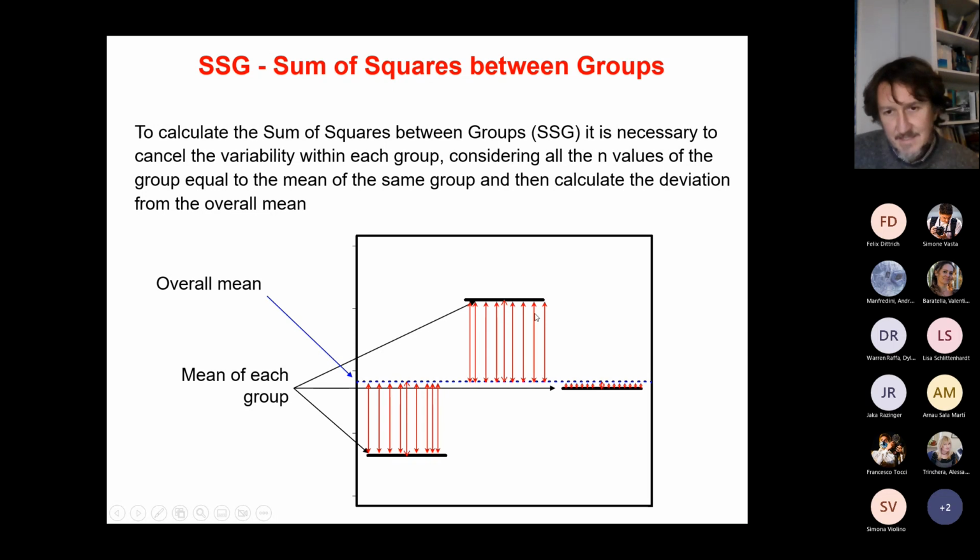That is the SSE that we said before. And we consider as a single observation the mean of each group. So it's the distance of the mean of each group from the overall mean.